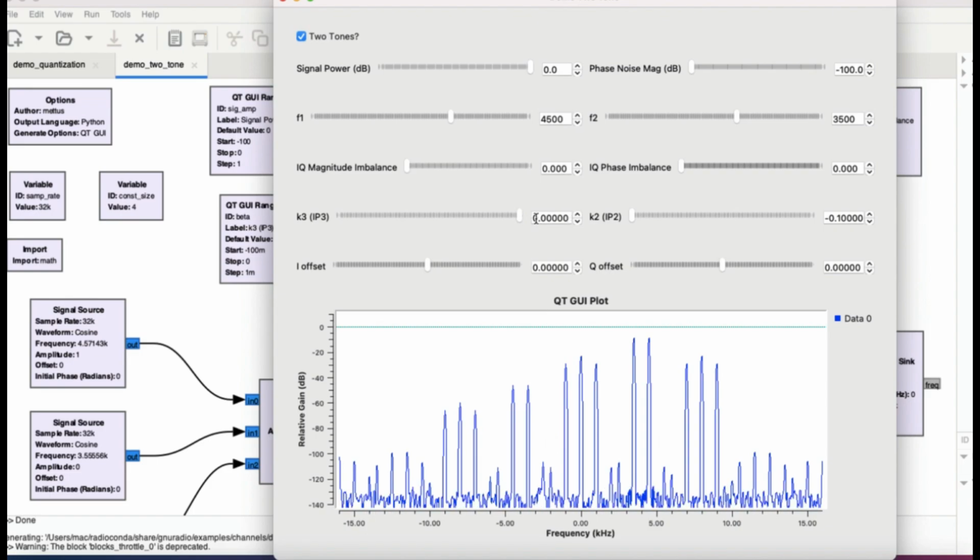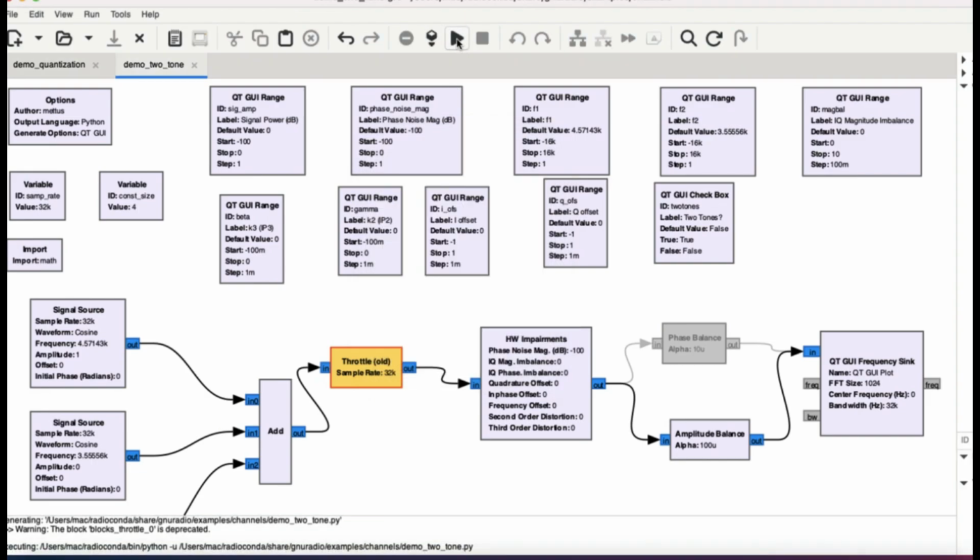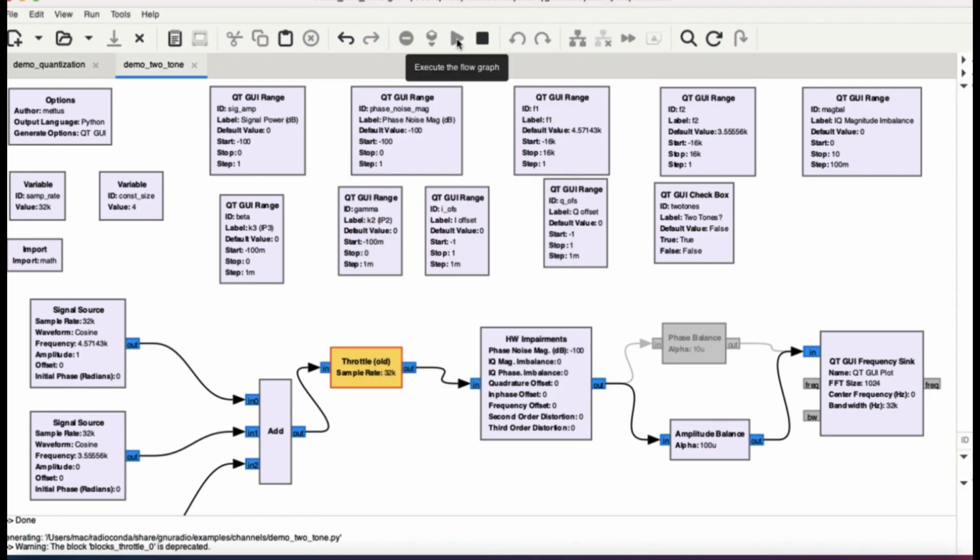The next thing is going to be your IQ offsets, which are in-phase and quadrature offsets. What they basically introduce is an imbalance in your mirror peaks. So for example, we have everything set to 0. Let me close this simulation and run it again, because I was seeing those spikes that were not going away.